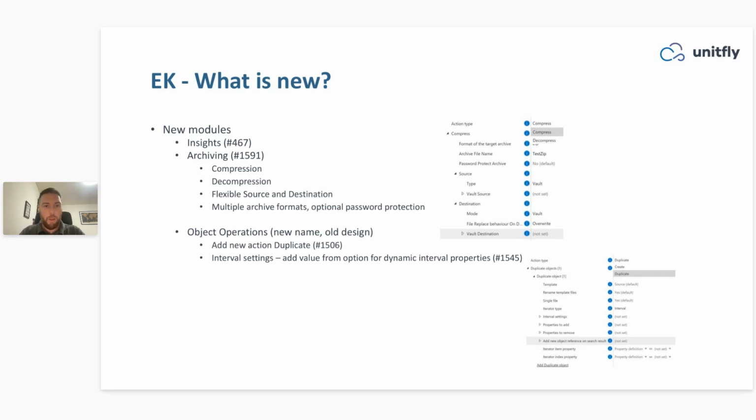The object creator is now named object operation. That means that the same action you already had regarding create, we have now added a new functionality, and we will add more functionality here regarding the objects. Now you also have a duplicate. That means you can duplicate the same object many times.